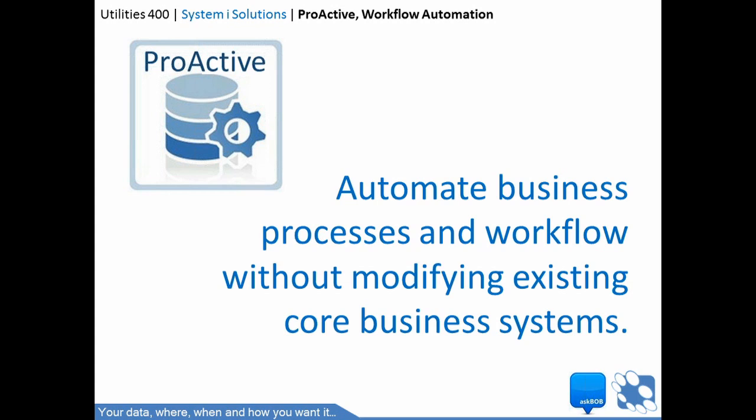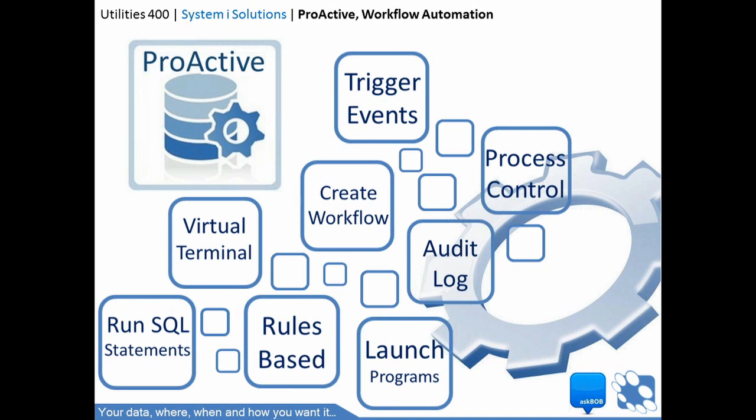Well, thankfully, there's a native IBM i solution that allows you to do this with aplomb, and today we'll be introducing you to Proactive. Proactive provides an easy-to-use method of improving business processes and workflow without modifying existing core business systems. Now, this technology is built upon the underlying trigger foundations that we introduced at the beginning of the webinar and allows users to implement an intelligent approach to workflow automation.